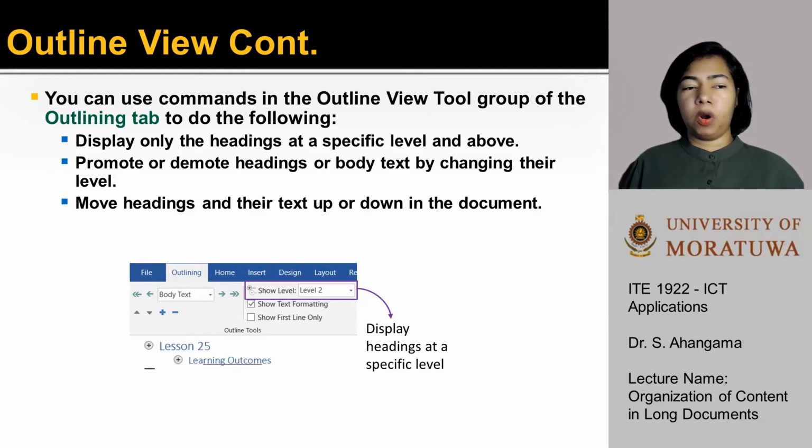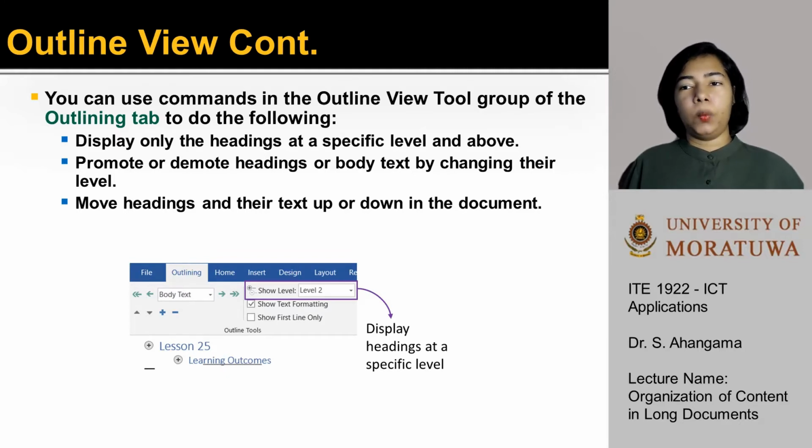Also, if you want to promote or demote a particular heading or body of text by changing the level, that also you can easily do using the outline view. Similarly, if you want to move headings and their text up or down in the document, that can also be easily done using the outline view.